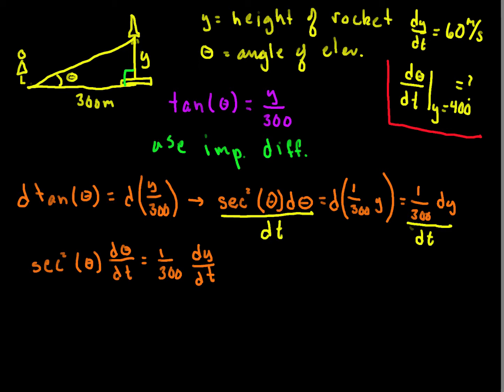But we know that dy dt is equal to 60, right? This says that they're the same.